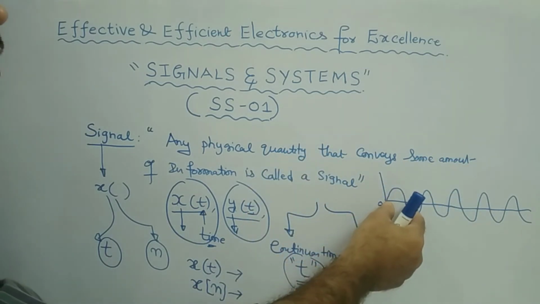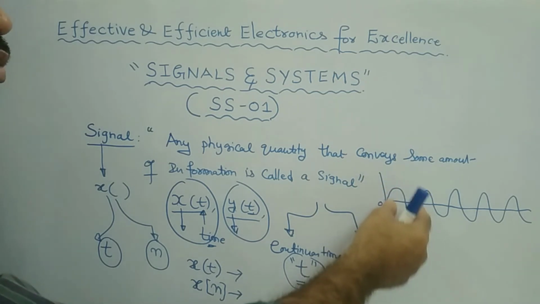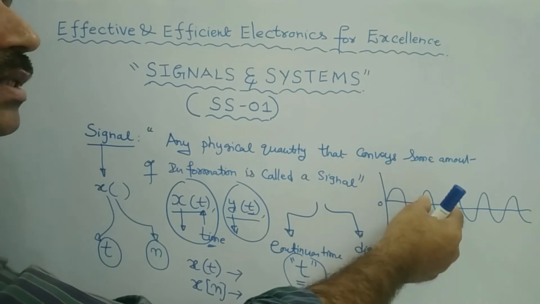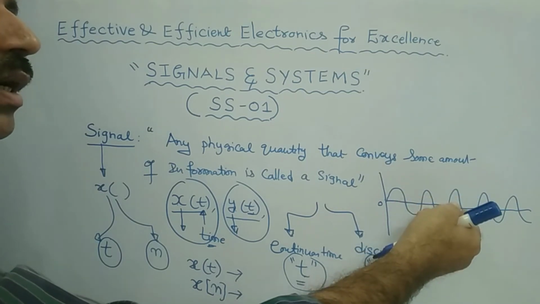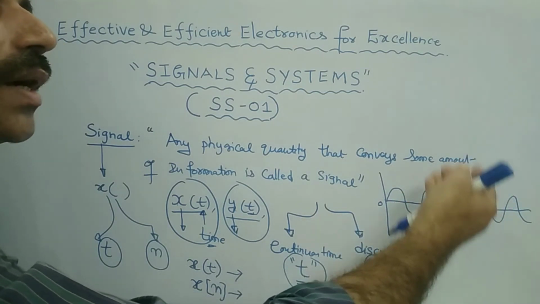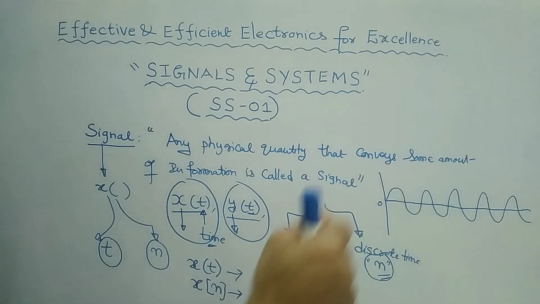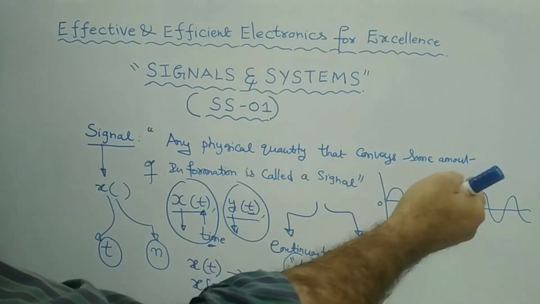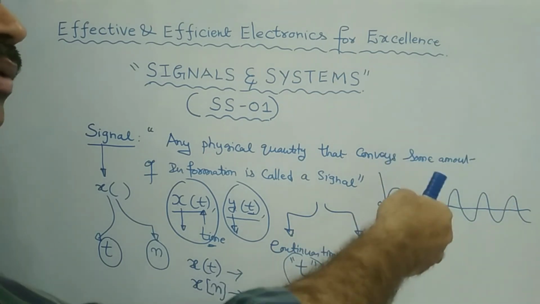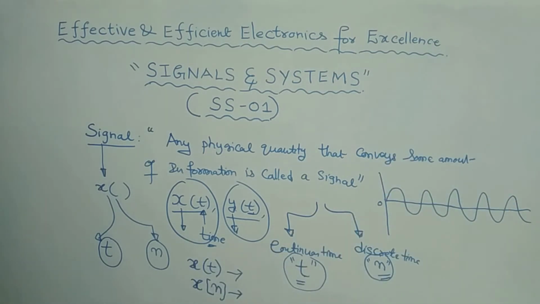During some time intervals you will have the signal, meaning the signal is defined for certain intervals and the signal will be zero for certain intervals. Again the signal will be defined, and it goes on like that. Some gaps will be there. Those kinds of signals we name as discrete time signals. Understood? This is a discrete time signal.